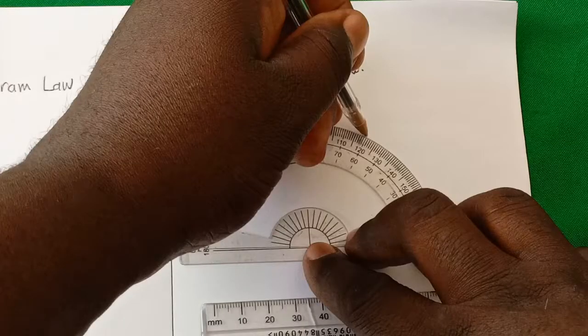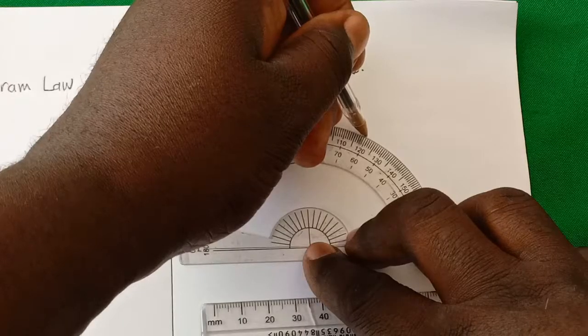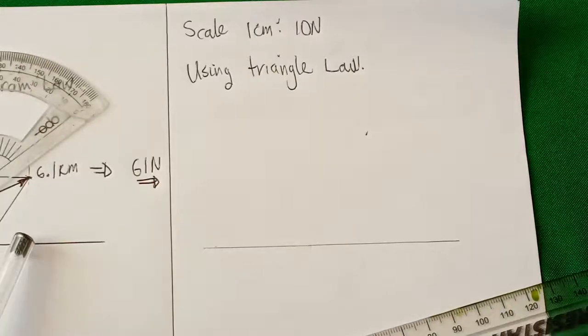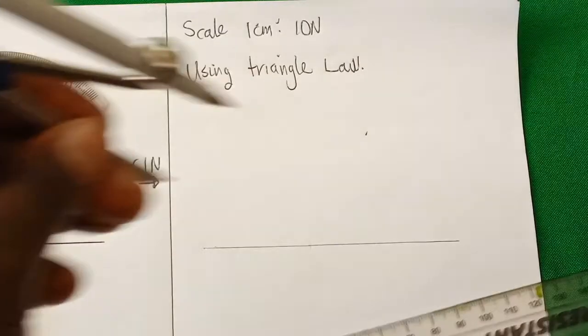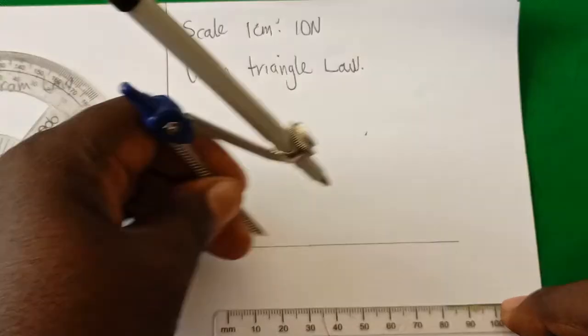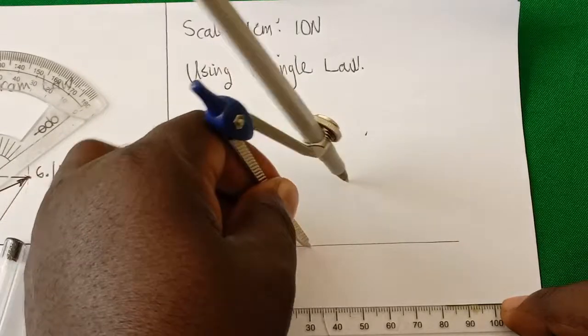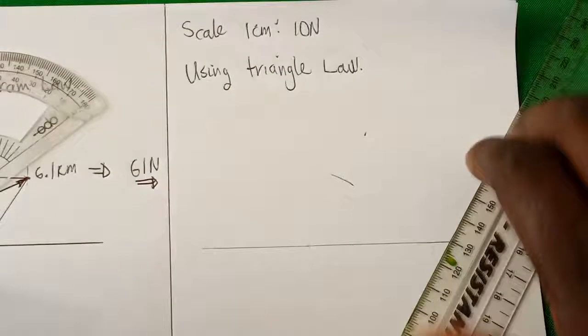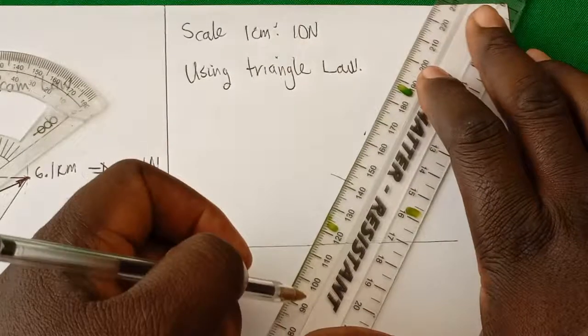Right, so measuring that, then joining that point and that point. If you want, just measure the 30 newton right there, so that you don't have to draw all the way to that mark from the protractor.